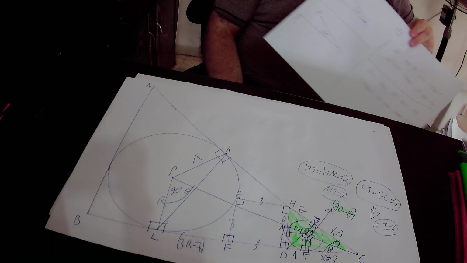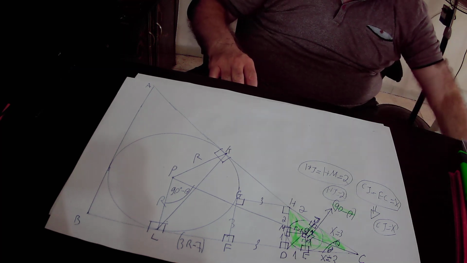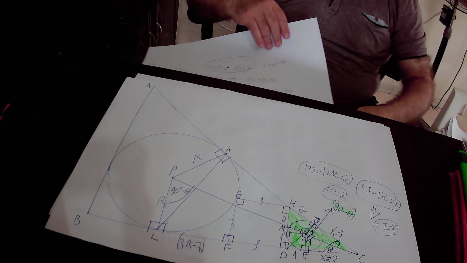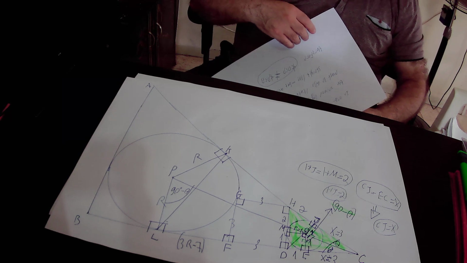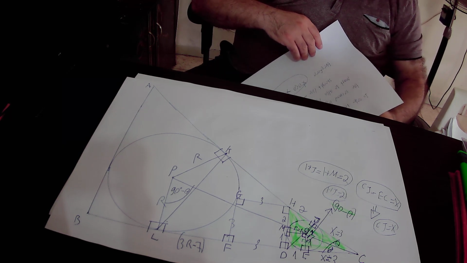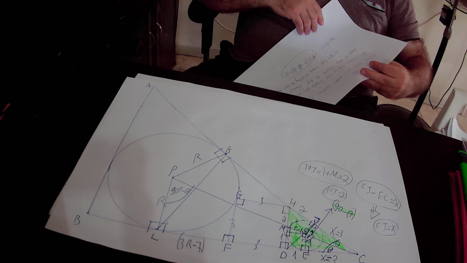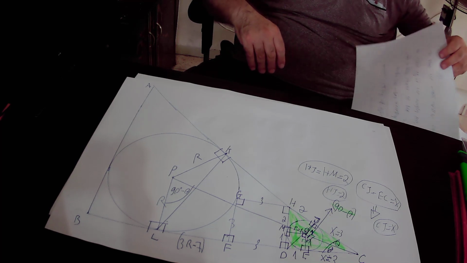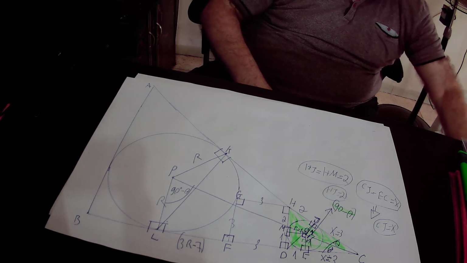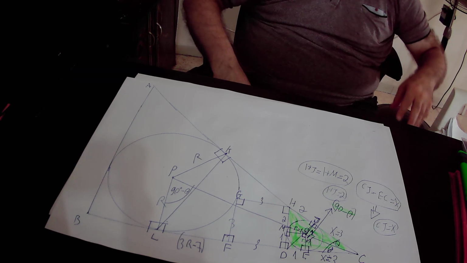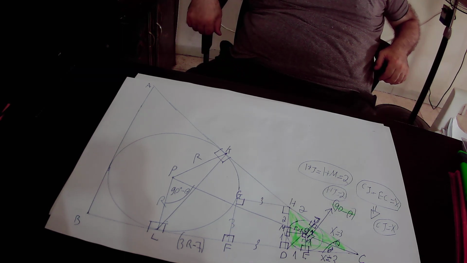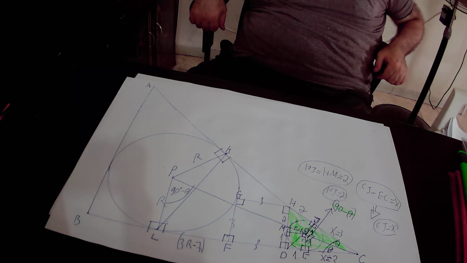Because if, for example, angle C is equal to 30 degrees, then any angle bisector will bisect it into 15 degrees and 15 degrees, and not any other halves.